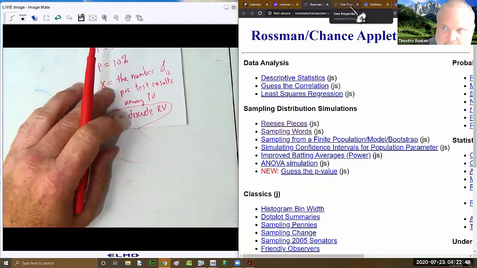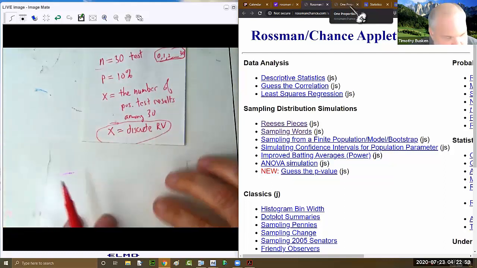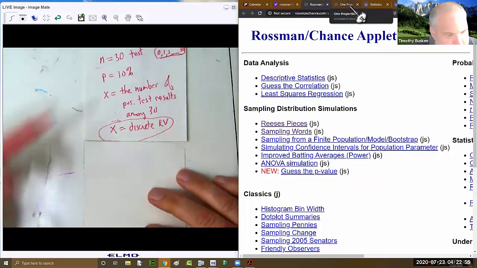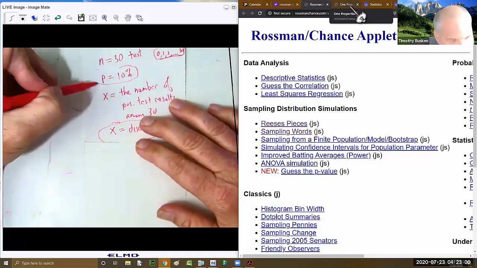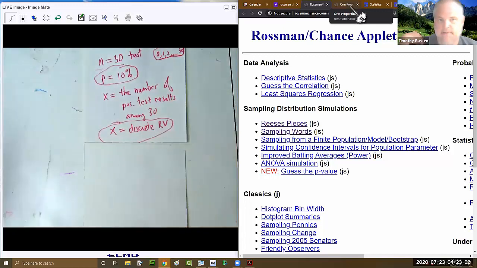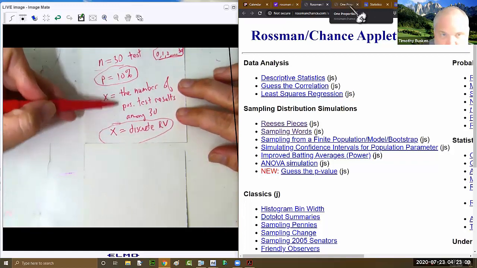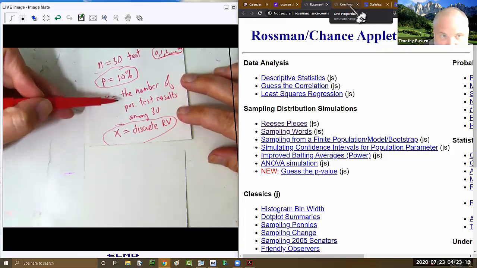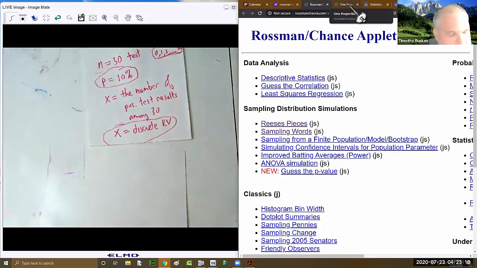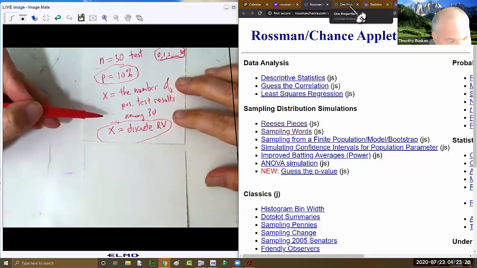What I'm trying to get at is that even though we would be conducting a binomial experiment, we're not necessarily going to get 10% for the percentage of positive test results in our 30. That's because our sample may not be 100% reflective of the population, because of sampling variability.